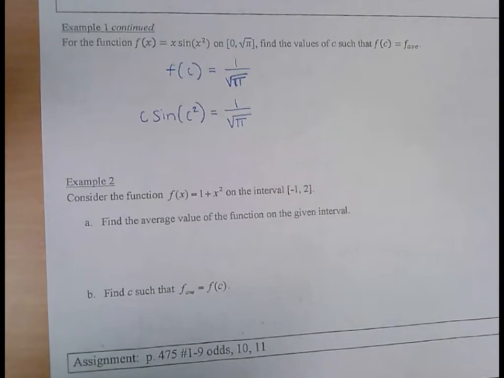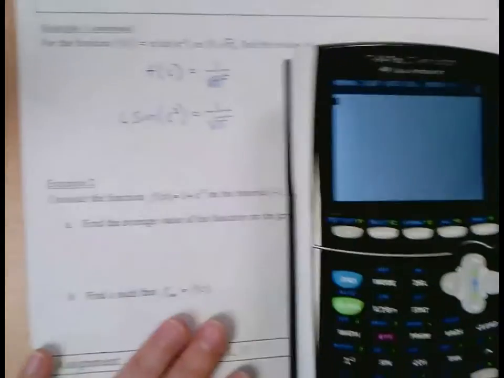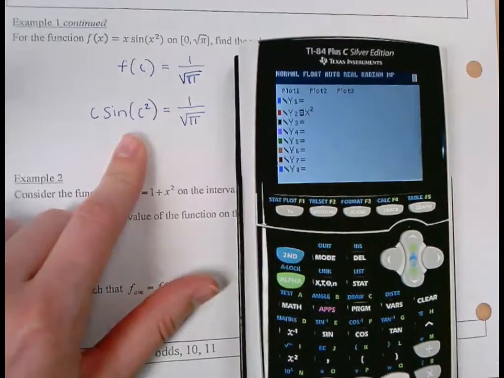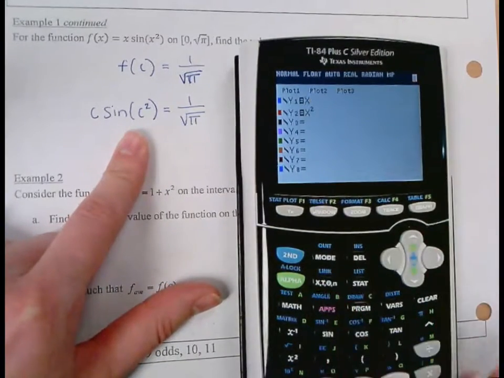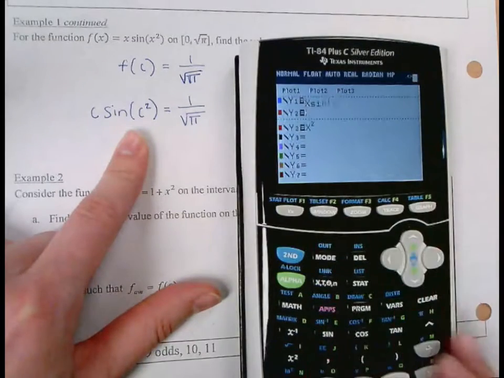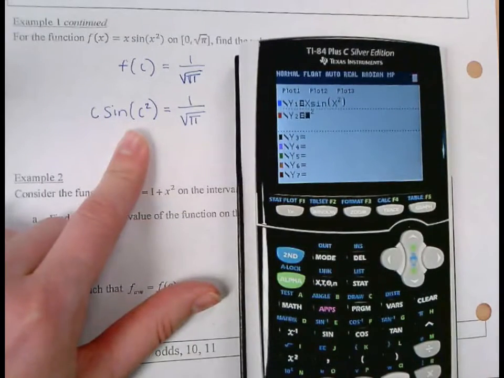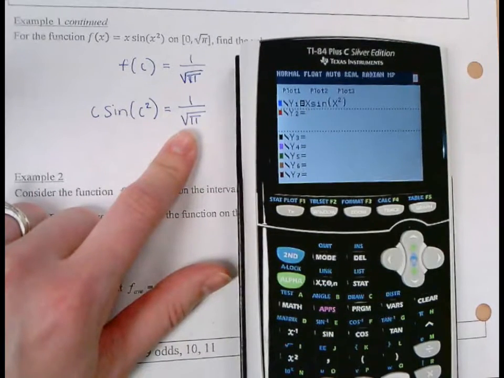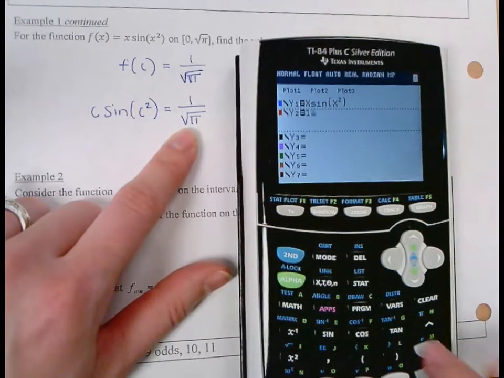So I would want to graph, for y sub 1, x sine of x squared, so the actual function, and then for y sub 2, put the average value so I can find where they intersect. So 1 divided by the square root of pi.